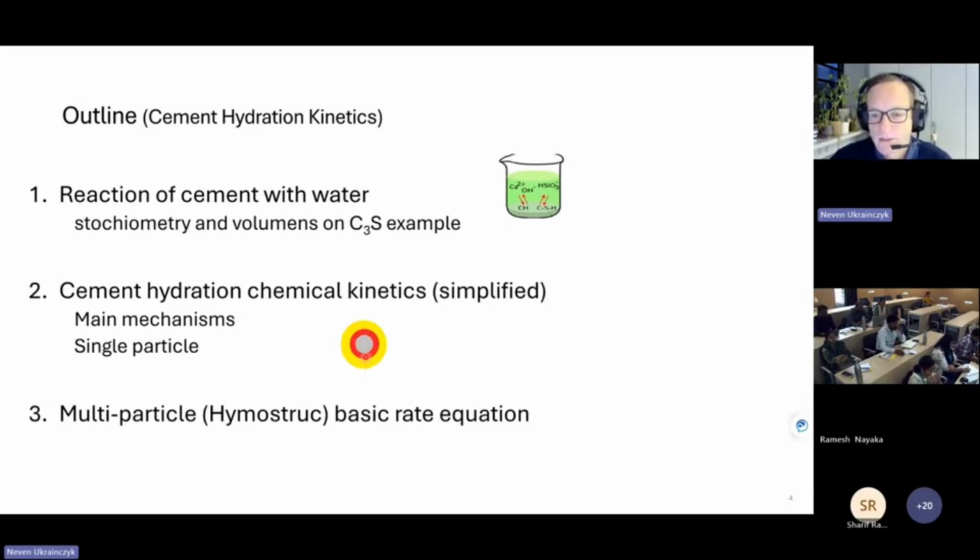So the red part actually shows you how much of the cement is consumed. It is also filled with the inner C-S-H gel, and the yellow part is the outer shell. So this is the growing shell, which is because the volume of the C-S-H is bigger, lower density than the cement. So that's why we have this volume expansion.